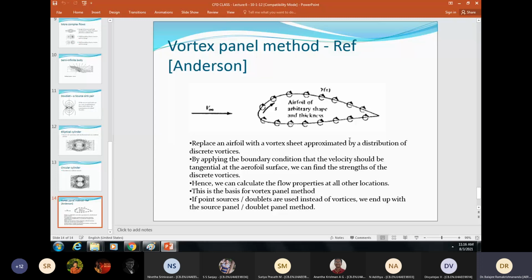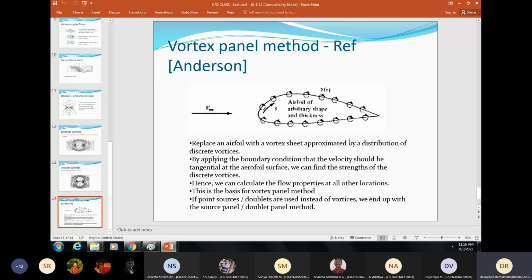Usually, giving a very general statement here, the vortex panel method is good at estimating the camber of an airfoil. With thin airfoil theory, you get this one. The vortex panel method is good at estimating the camber and also the lift on the airfoil. The source panel method will actually be better at simulating the thickness of an airfoil.